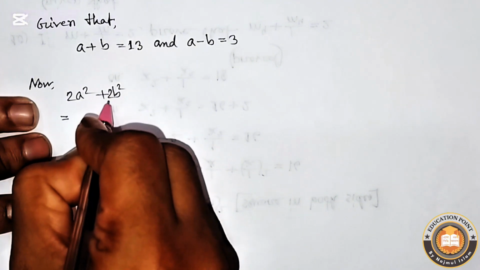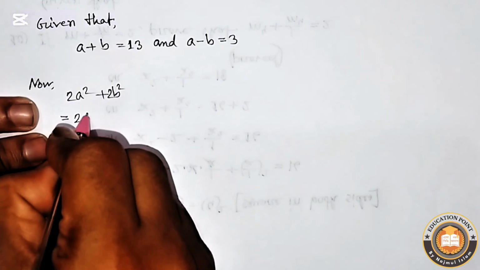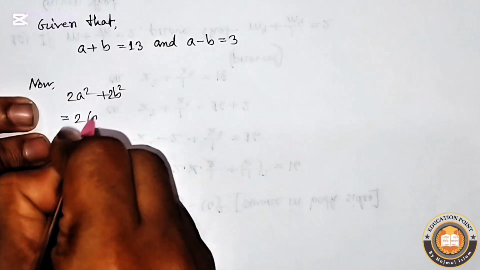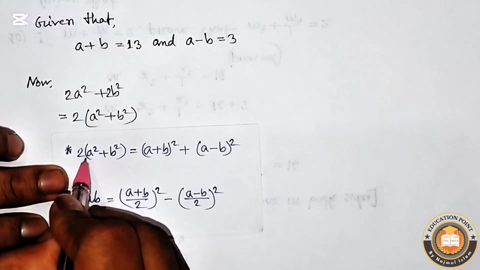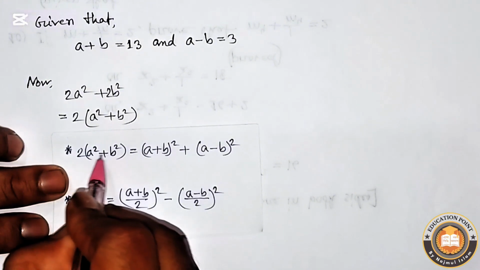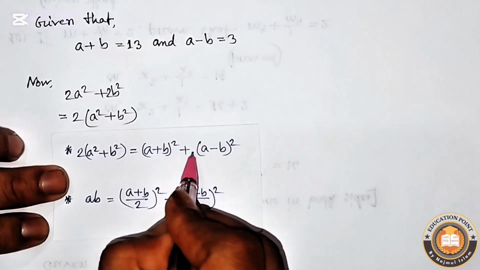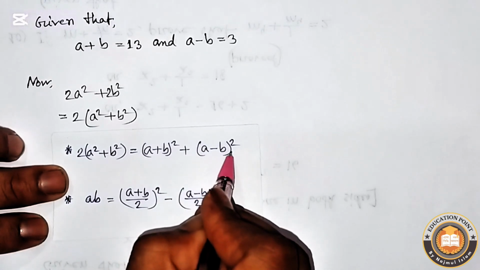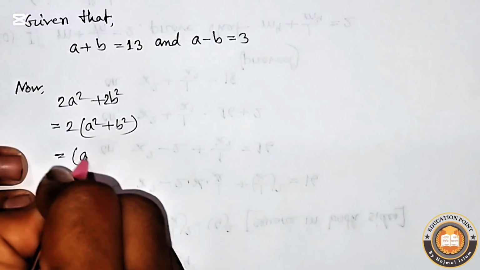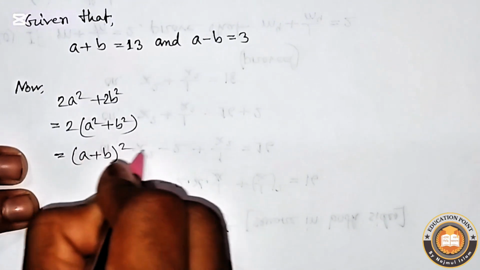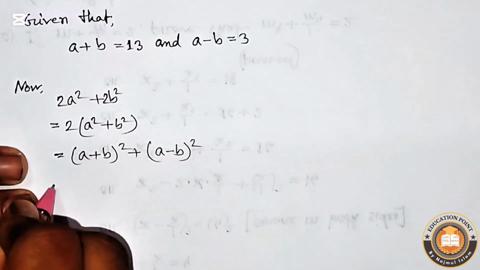At first we will take 2 as a common value. After taking the common value, we can write inside the parenthesis a square plus b square. Here we will apply the formula of 2 into a square plus b square equal a plus b whole square plus a minus b whole square.